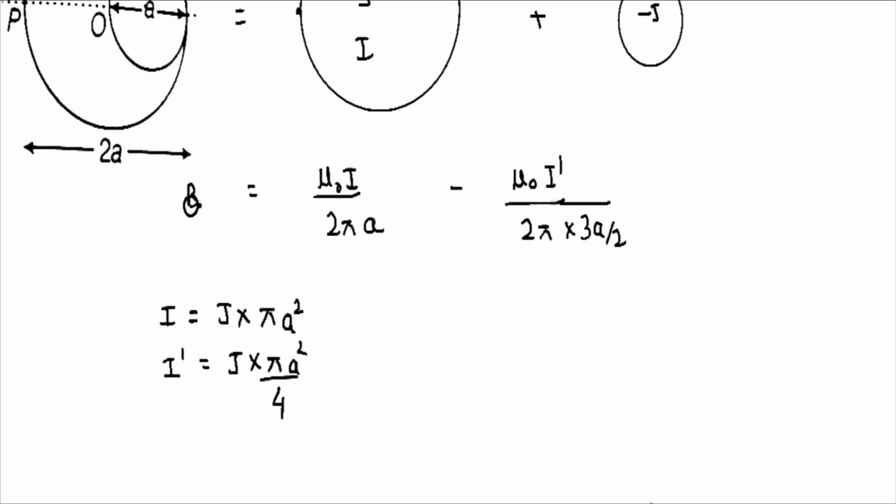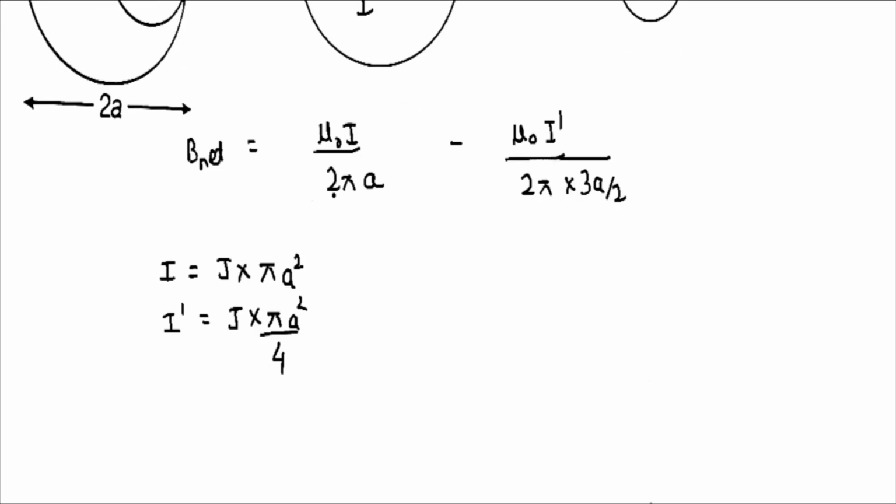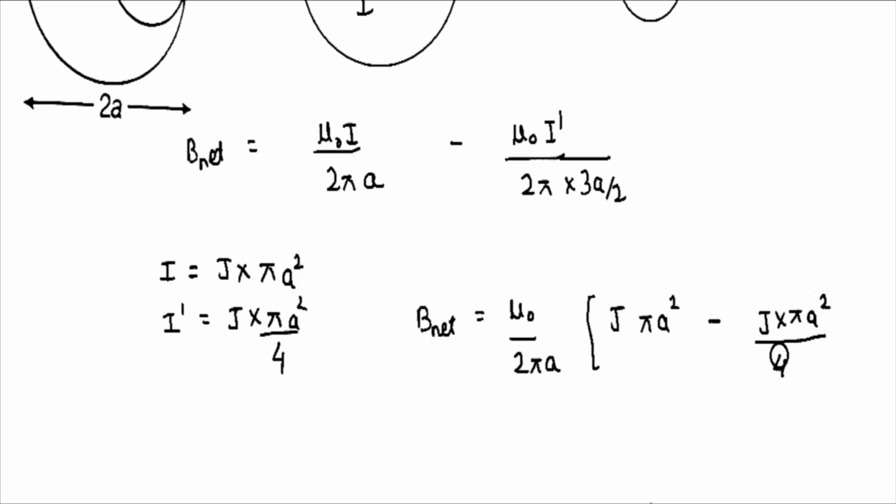Now this is the net magnetic field which we have written. If we substitute these values, we can take mu naught divided by 2 pi A to be common. So our B net would be mu naught divided by 2 pi A, with I and I dash divided by 3 inside. We substitute I as J into pi A square, then minus J into pi A square divided by 4 multiplied by 3.